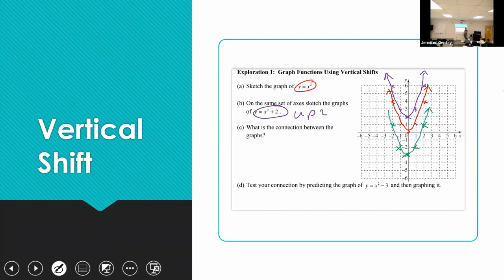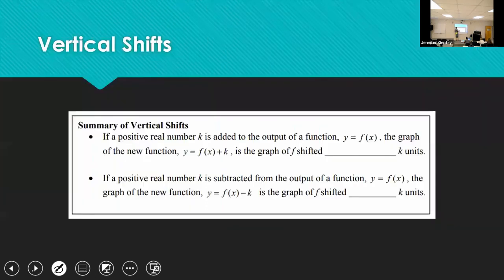So, the positive number k is added to the output of the function y equals f of x. Y equals f of x plus k. It's shifted which way? You're adding plus k. Where do I shift it? K units. Up.